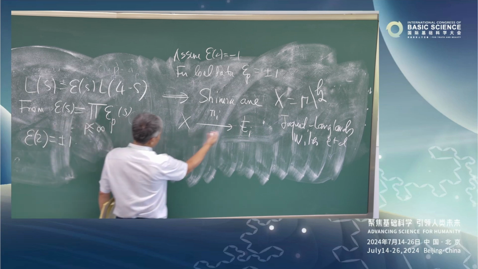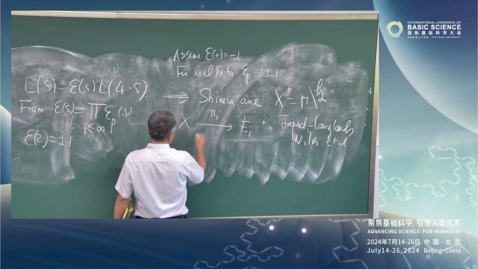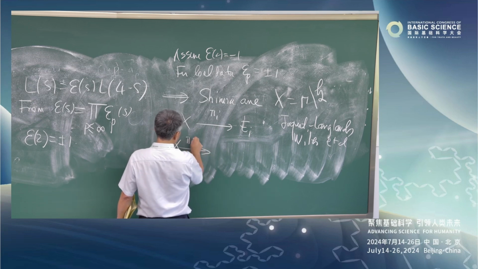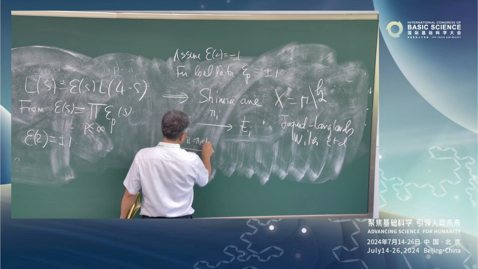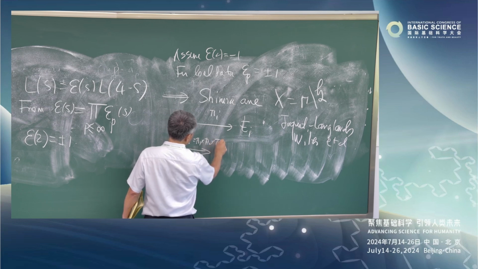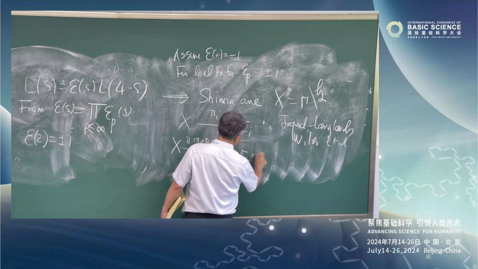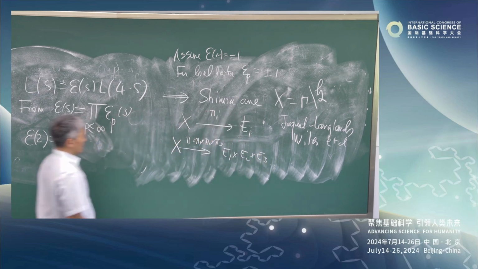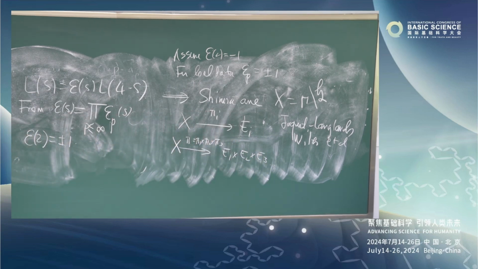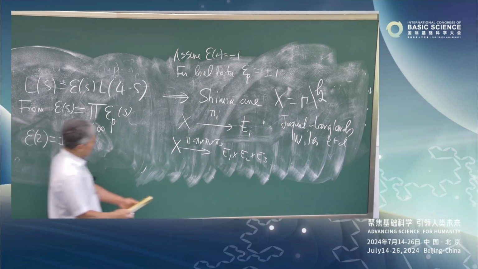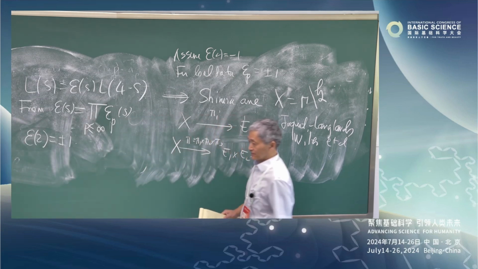If you take the product of all these together, pi 1, pi 2, pi 3, you get U1 plus U2 plus U3. So this abelian threefold has a map from a curve inside the Shimura curve.